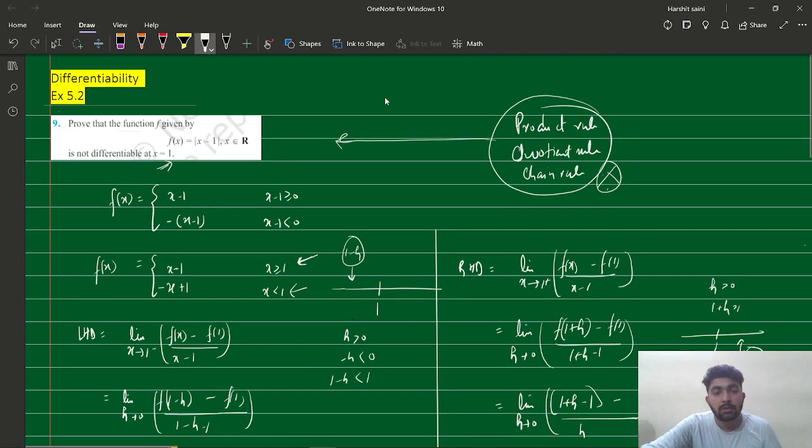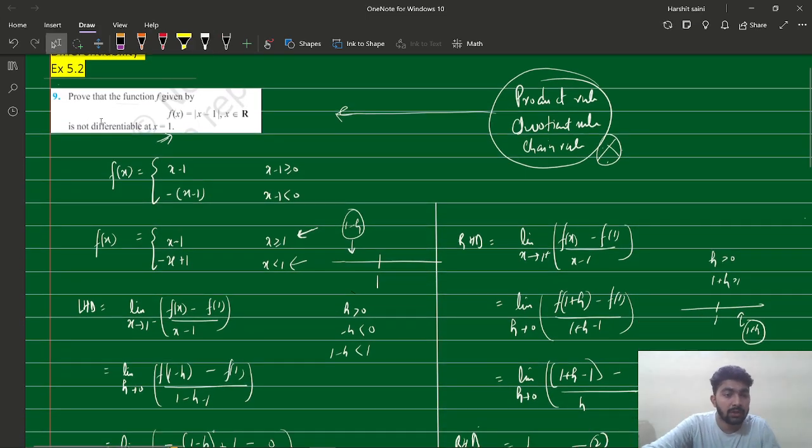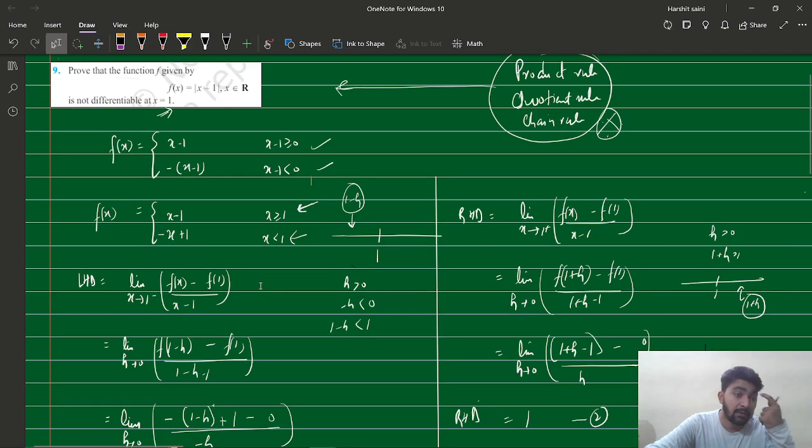I will give you a quick recap of this question. Here the function is given as mod of x minus 1, so we can redefine this function like that. After redefining, as the function is not in the form of a quotient, composition or chain rule, we can't apply the product rule or direct differentiation.